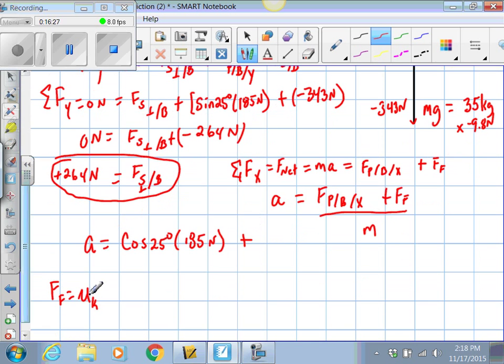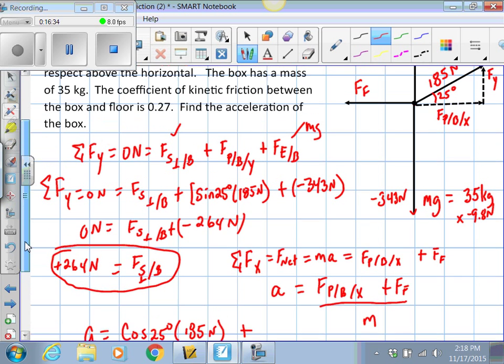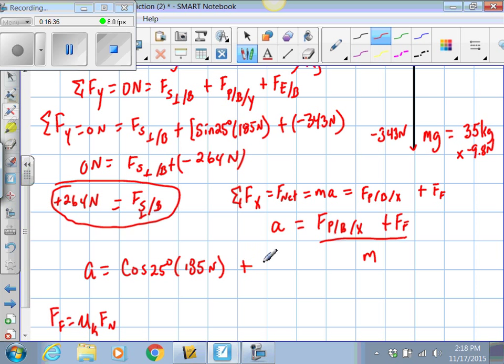So we've got mu k times the force normal. So we can say that this is equal to mu k, which was 0.27, times the normal force, which we found right here, 264. Because that's the definition of the force of friction from the viewpoint of the coefficient of friction. So force of friction is equal to the coefficient of friction times the normal force.